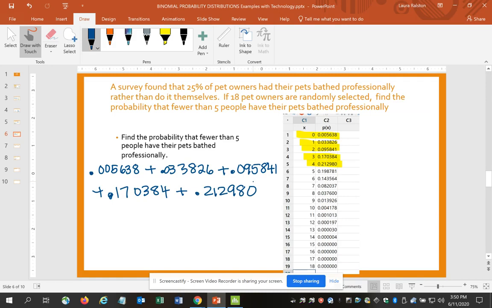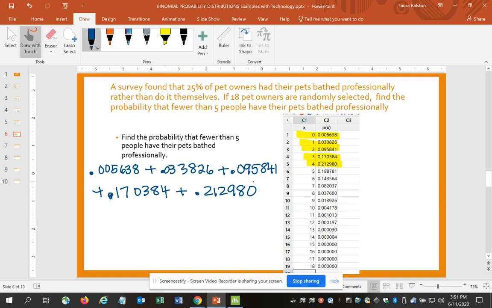Okay, so we're going to add using our handheld calculator 0.005638 plus 0.033826 plus 0.095841 plus 0.170384 plus 0.21290.